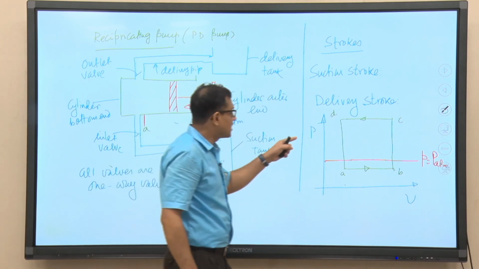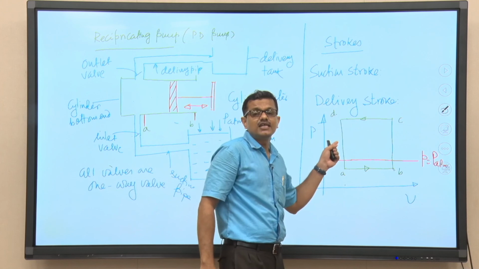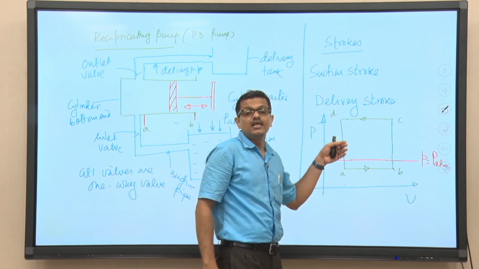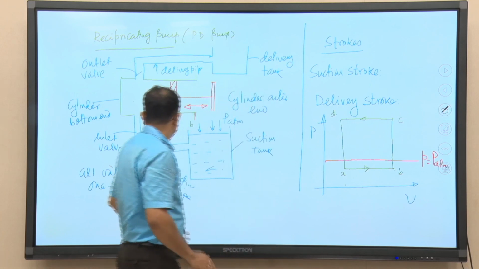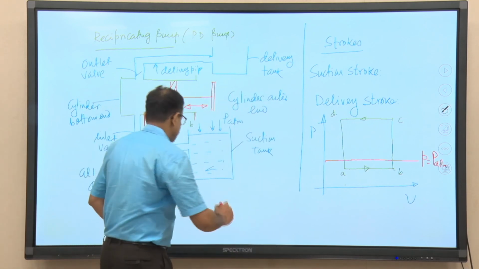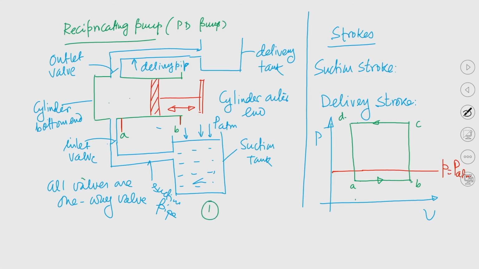This simplified diagram does not take into account other effects due to, number 1, inertia effect, and number 2, frictional losses. Try to understand what I am telling.